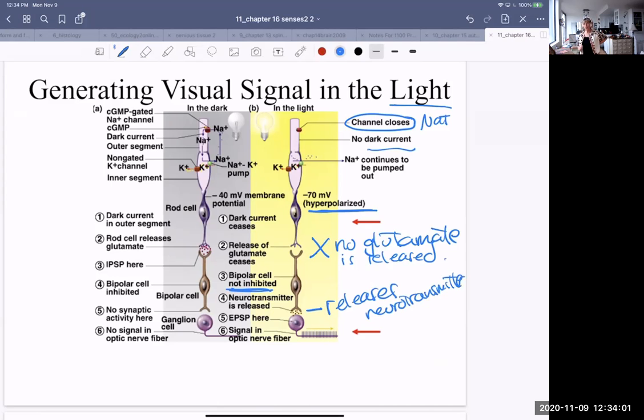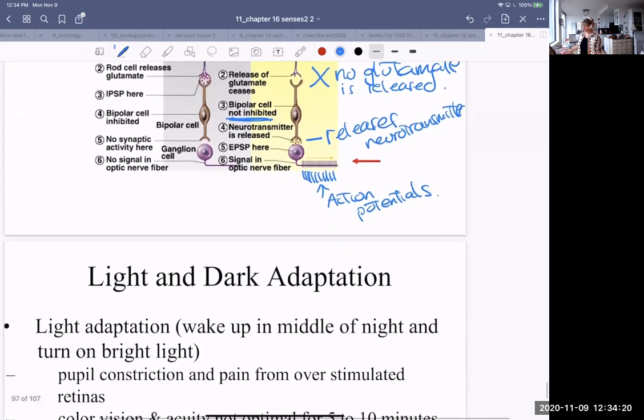When it releases the neurotransmitter, it starts a series of action potentials down here. The signal for light. So that's the story of rods.